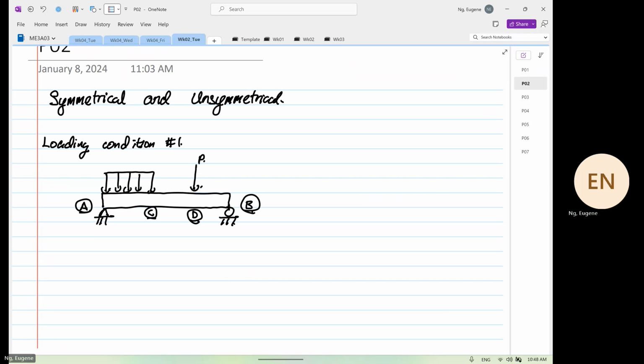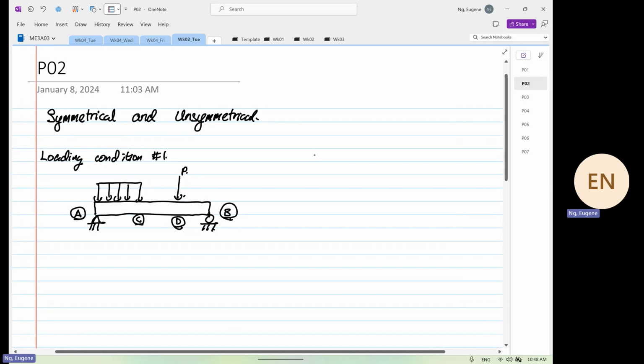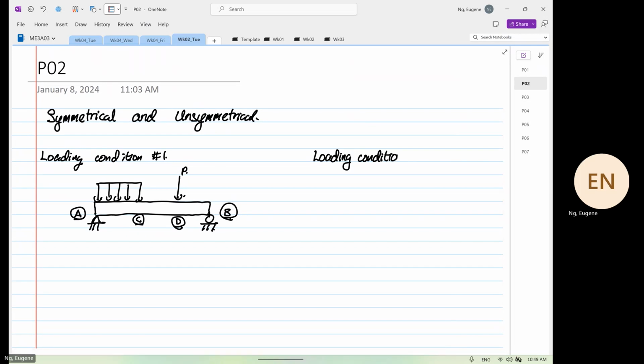Okay. Loading condition number 2. We have a structure looking like this now. This is our point A, and this is our point B. And then we have a load doing this now.